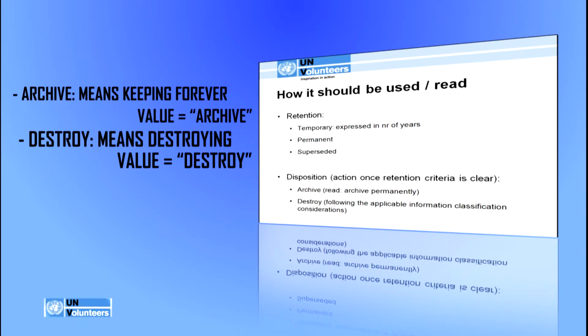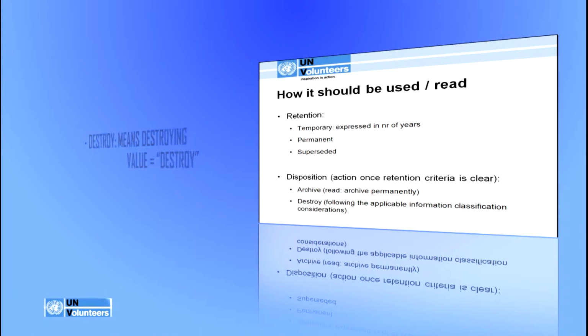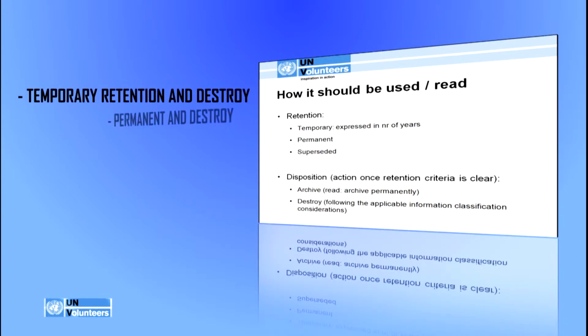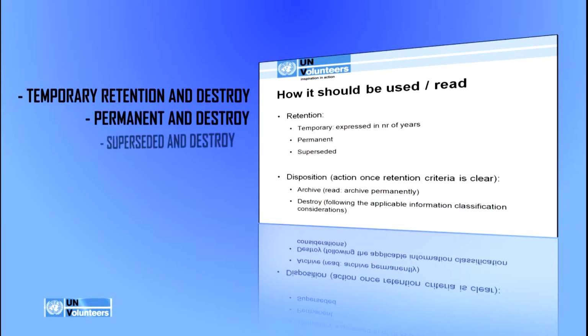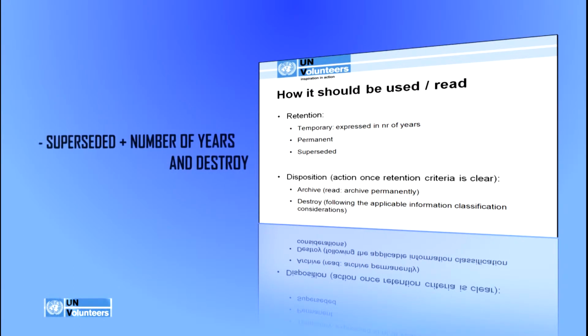Value equals destroy. Often seen combinations between retention and disposition include temporary retention and destroy, permanent and destroy, superseded and destroy. There can also be superseded plus number of years and destroy, that is, for when after superseding there is a need to keep the superseded record for an additional number of years.